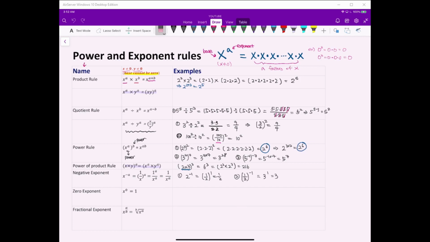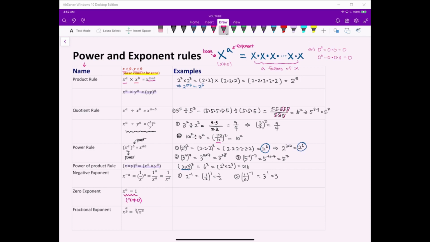Zero exponent rule can be used to simplify powers with an exponent value of 0, and it reduces to 1. No matter what base value we have, as long as the x value or the base value is not equal to 0, it is always simplified to 1.